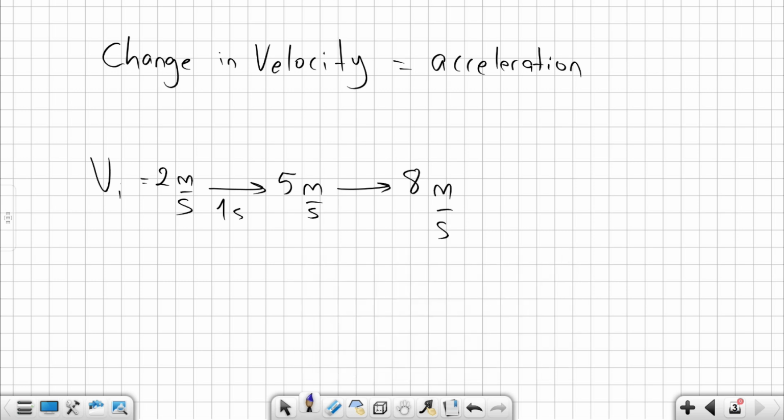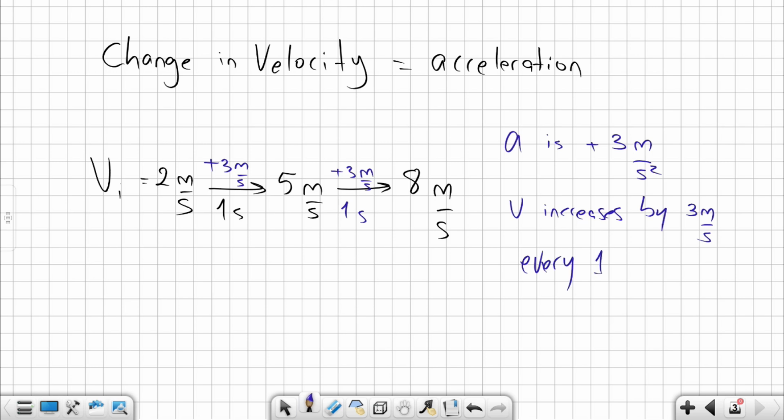So every second, the velocity has increased by plus 3 meter per second. That is the meaning of acceleration. As you see, there's a change. This change is 3 meter per second every second. The acceleration is plus 3 meter per second squared, which means that the velocity increases by 3 meter per second every 1 second.